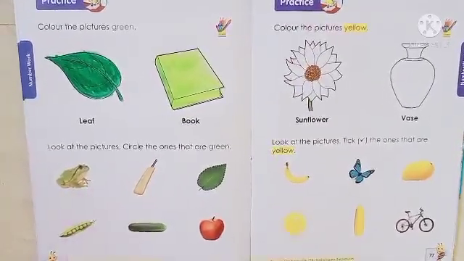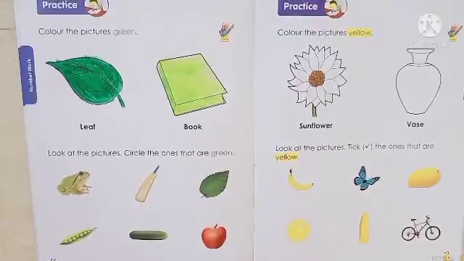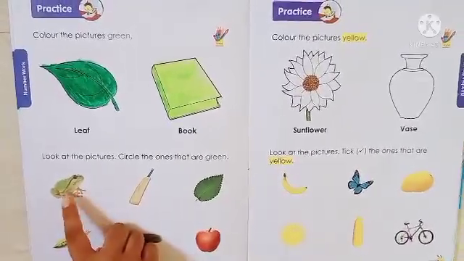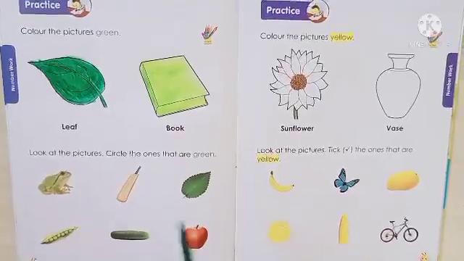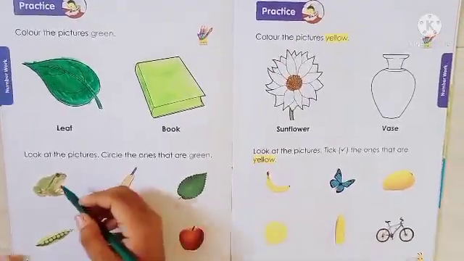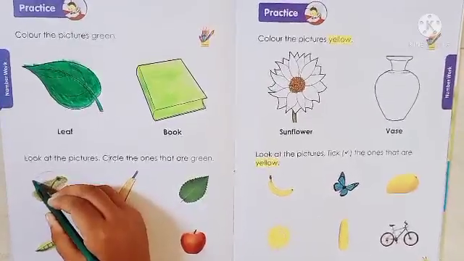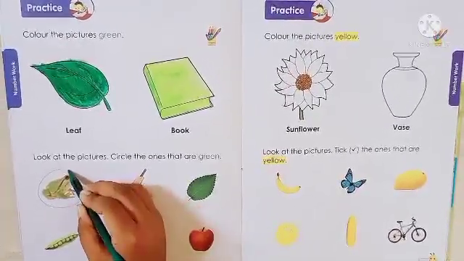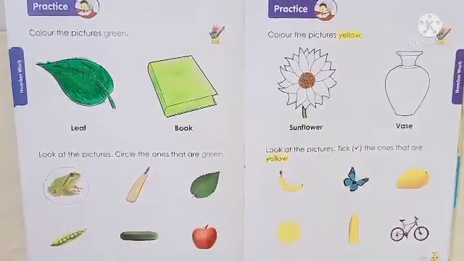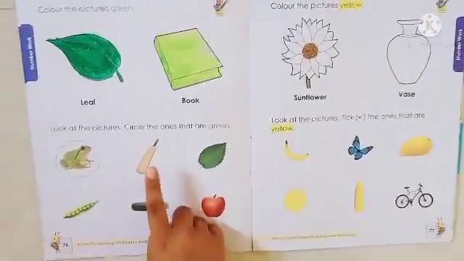Yes, it's a frog, isn't it? What's the color of the frog? Yes, it's green in color. So, shall we circle it? Come on, let's circle the green colored frog.